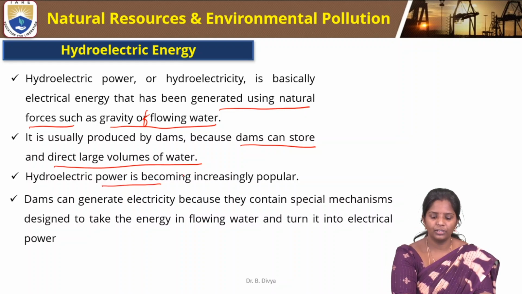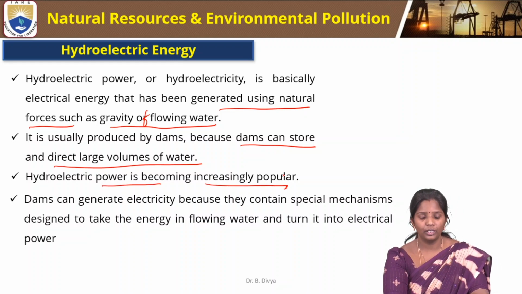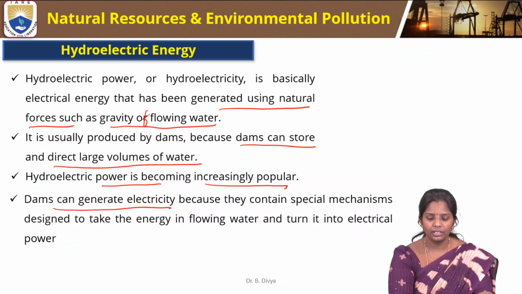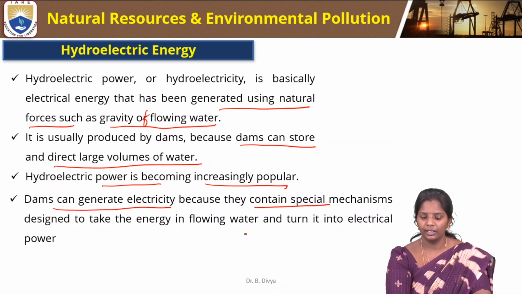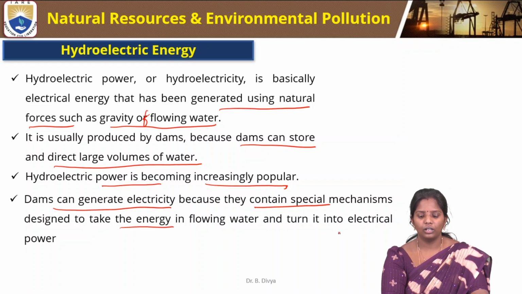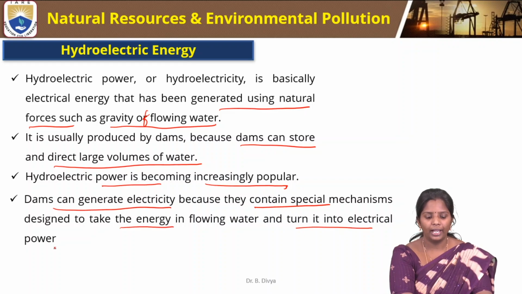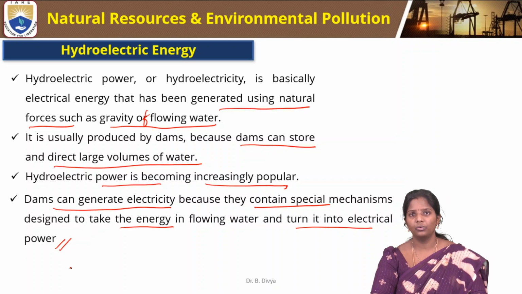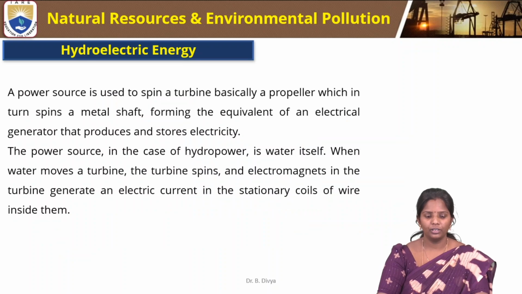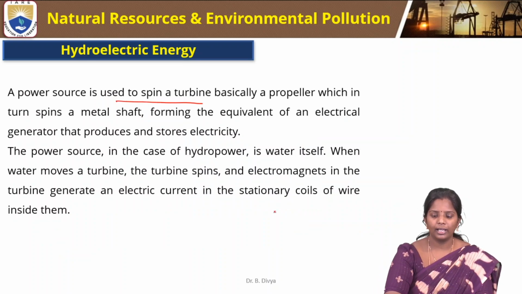So hydroelectric power is becoming increasingly popular, and the dams can generate electricity because they contain special mechanisms designed to take energy in flowing water and turn it into electrical power. So that is how it will help in generating electricity. A power source is used to spin a turbine.